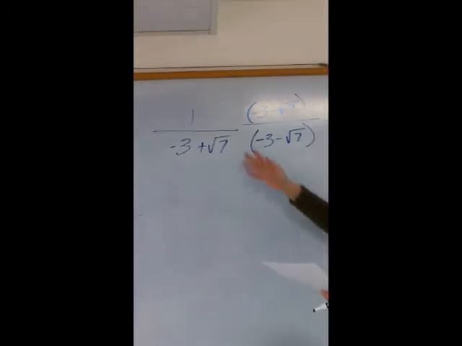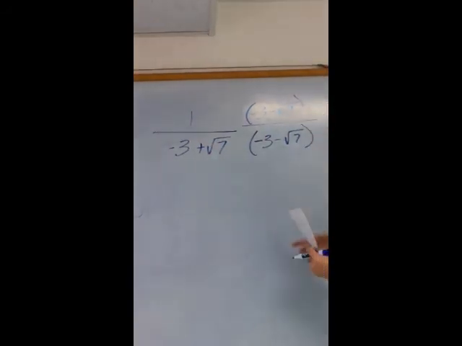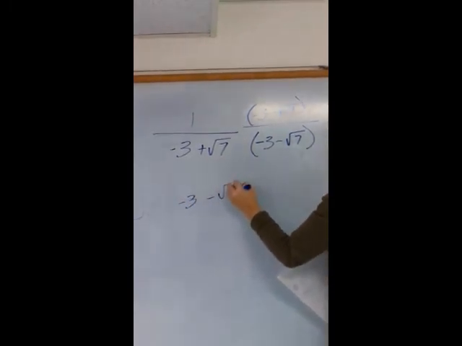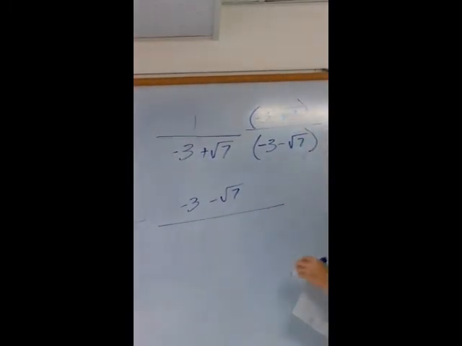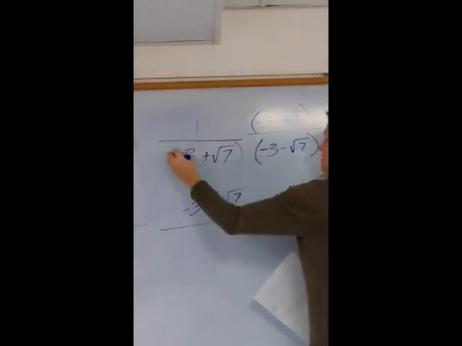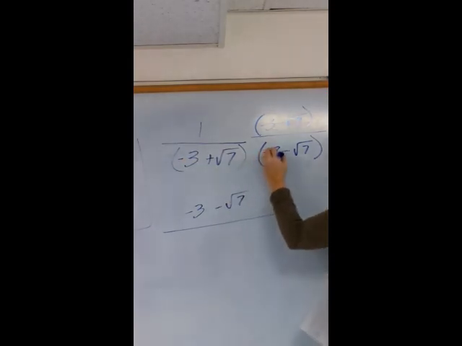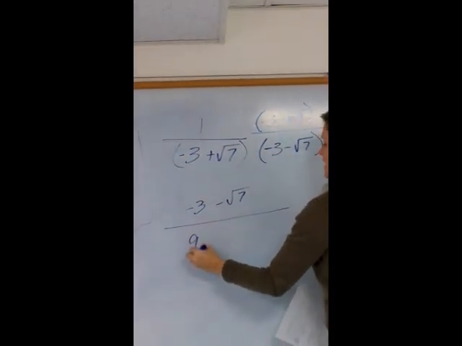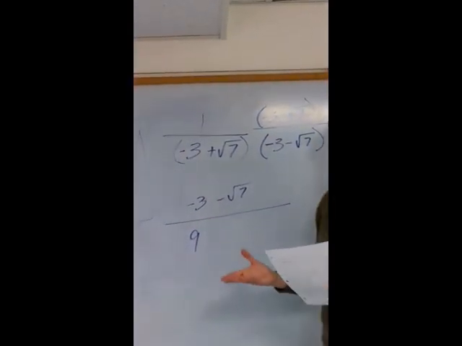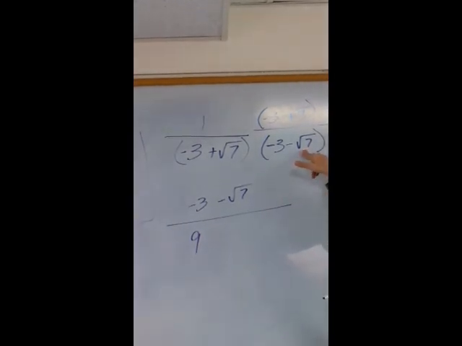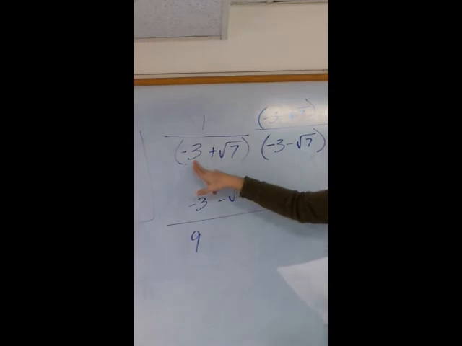So what I'm going to do is multiply the numerators, 1 times my negative 3 minus root 7, and then multiply my denominators by FOILing them out. So if I FOILed it, I would have negative 3 times negative 3, which is 9. And remember, the magic of the conjugate is that if I took negative root 7 times negative 3, I would have positive 3 root 7.